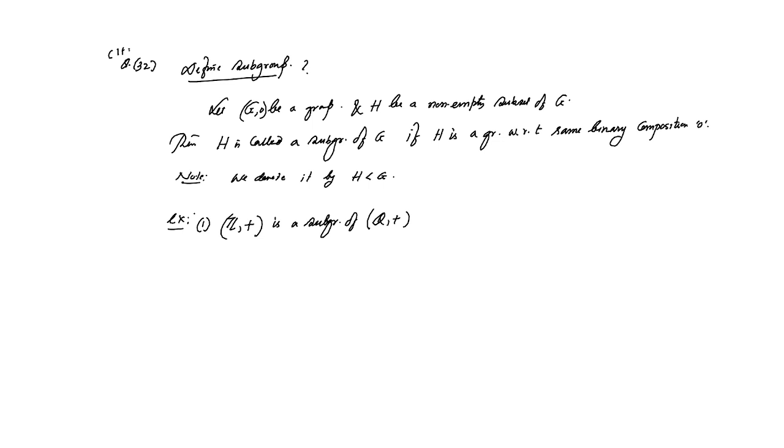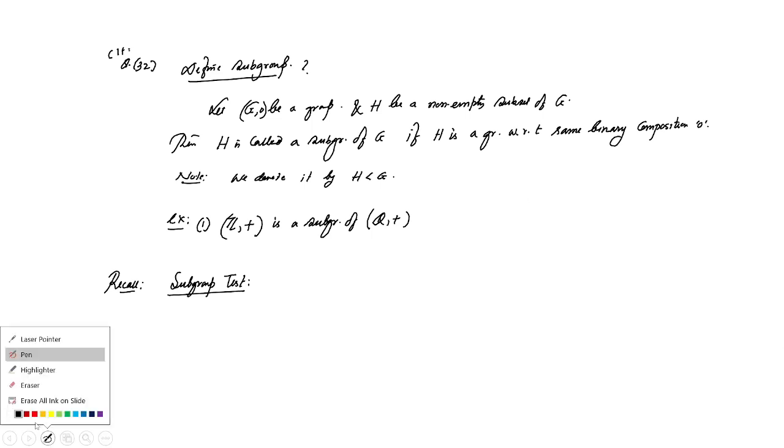Okay, so now we come to the subgroup test, how we will show a subset of a group is a subgroup. This is an important recall, called the subgroup test. How will we test whether a non-empty set in a group is a subgroup or not?